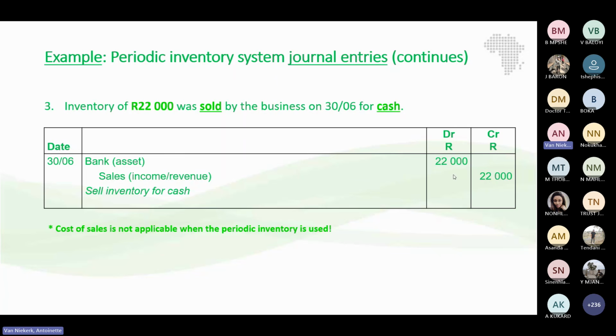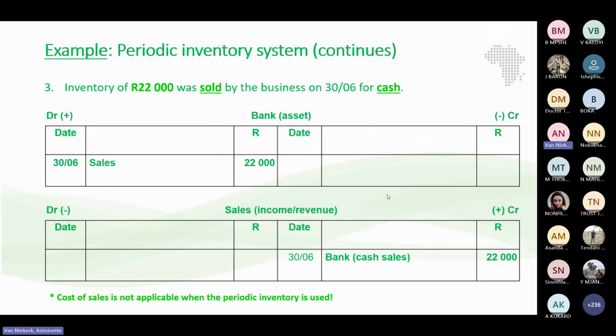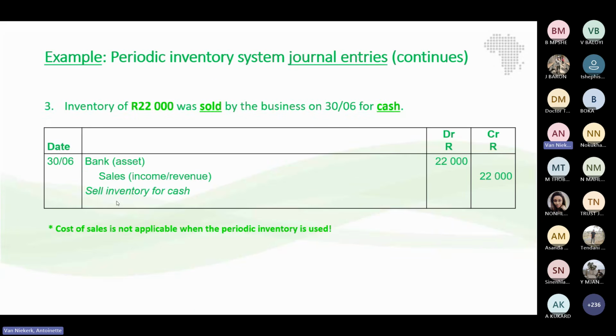Bank was debited with 22,000 Rand. Your sales account was credited with 22,000 Rand. We put an indent just to show that it's on the credit side. So the sales account was credited with 22,000 Rand.